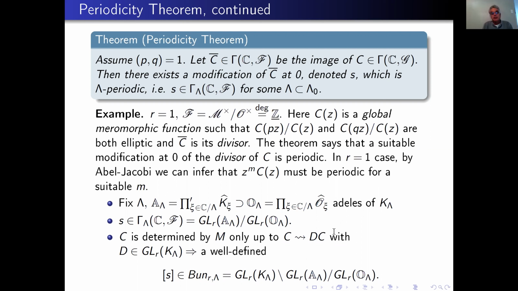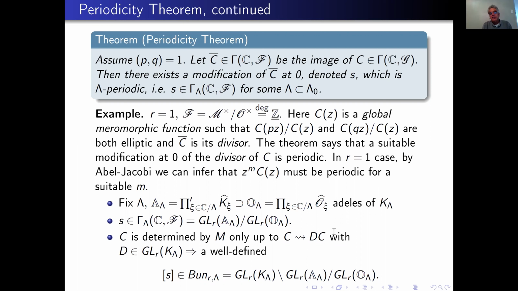So really this s that you get from C by modification at 0 is only well defined as a point in the double coset space GL_R of A_lambda over GL_R of O_lambda on the right and divided on the left by GL_R of K_lambda.